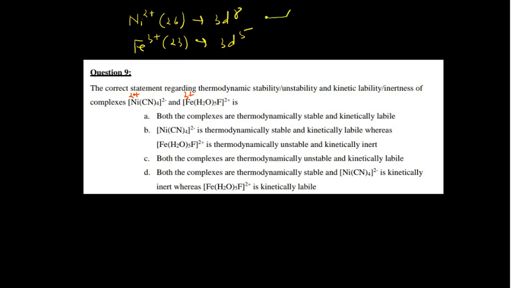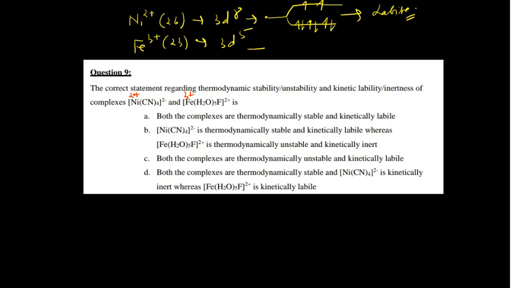So in that case if you do the splitting, you fill the 8 electrons, 1 2 3 4 5 6 7 8. So this complex is labile. Kinetic labile means it will react faster. And H2O is the weak field.